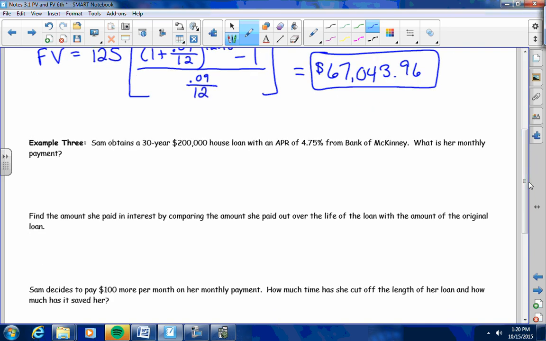Because $200,000 is a value today, we're using present value. So we're using the present value formula. The $200,000 is the present value.